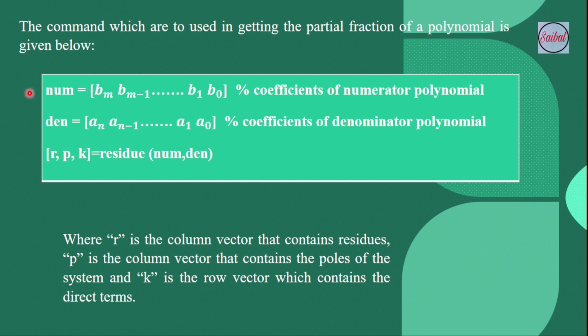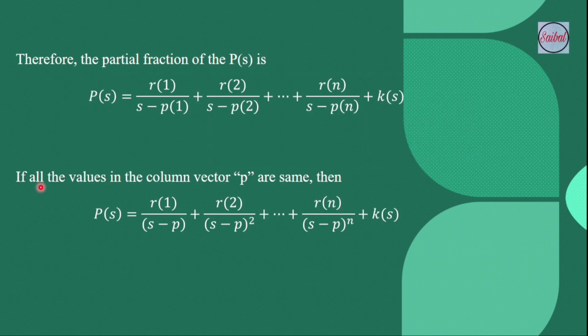So just remember these three lines, then you can easily convert to partial fractions. Okay, let's take one example. Here you can see this is the partial fraction form: r1 divided by s minus p1, r2 divided by s minus p2, up to this one, and k of s.